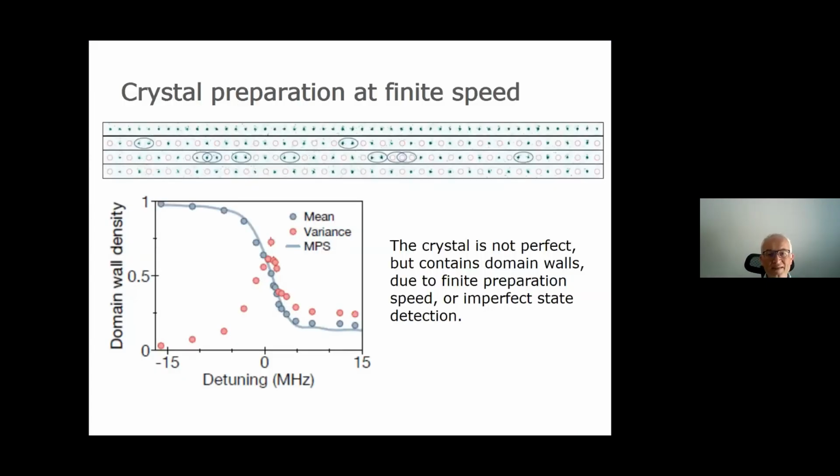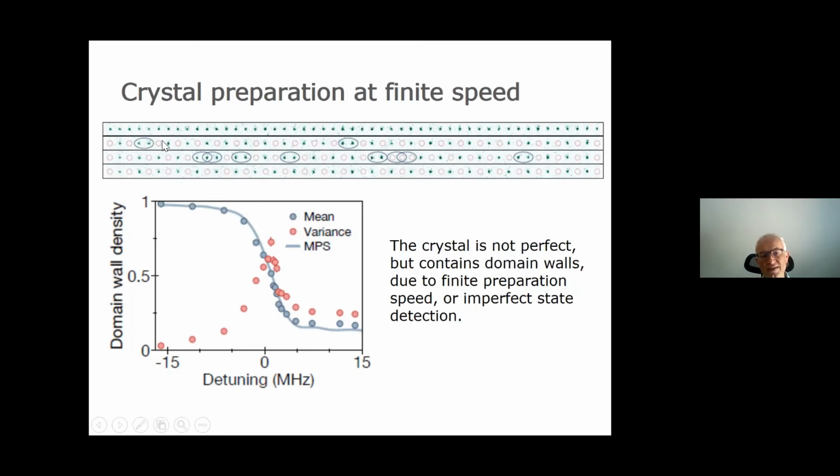So we investigated how often these domain walls occurred. This shows you an example. If we start with this arrangement of atoms and try to make this antiferromagnetic order, then we see two types of defects. The more common type of defect is where two neighboring atoms are in the ground state.